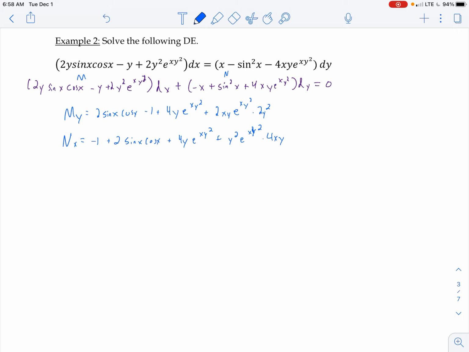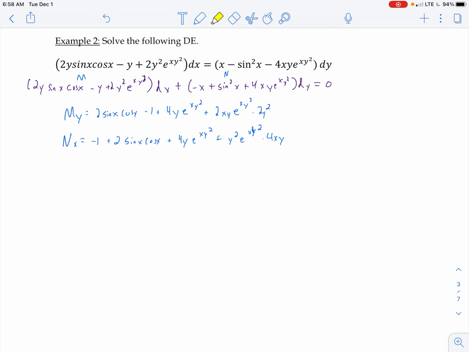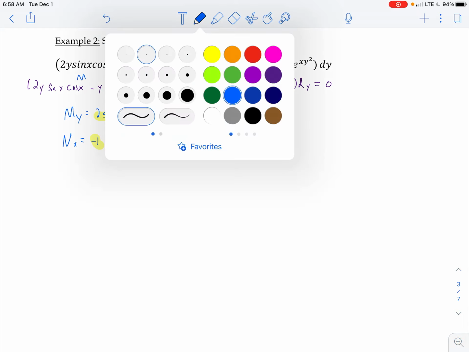And let's see if everything adds up. The 2 sine x cosine x goes there, negative 1, 4y e to the xy squared, 4y e to the xy squared. So you have a 4, they have a 4 up there, have an x and a y, have an x and a y, have a y squared, so all that checks off there. So we're good.